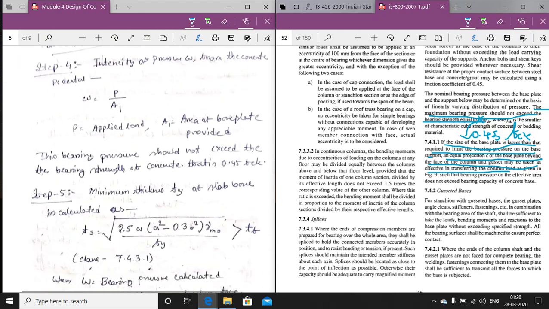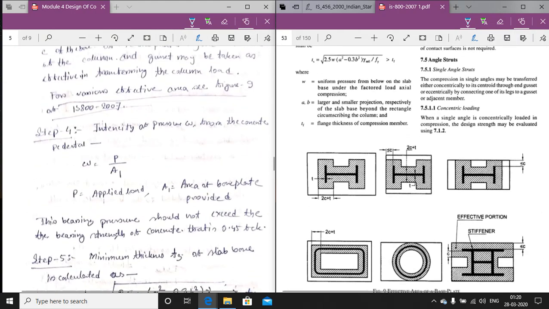If we see this picture, sometimes if we calculate the bearing area from these cases, the bearing area may be too huge to support the bearing pressure.